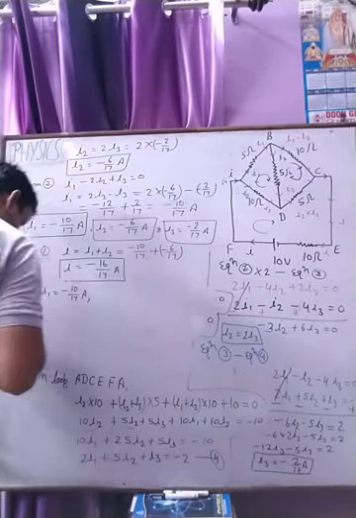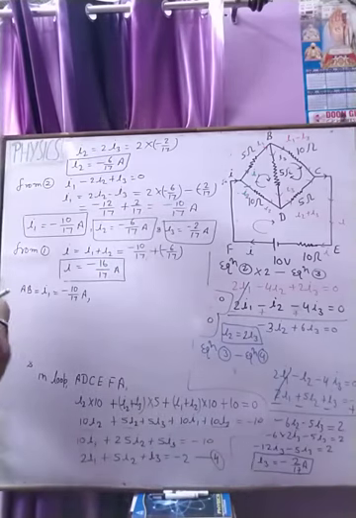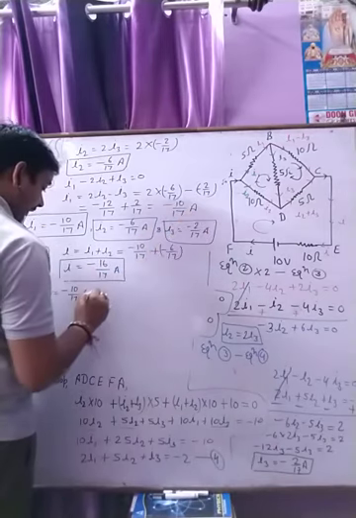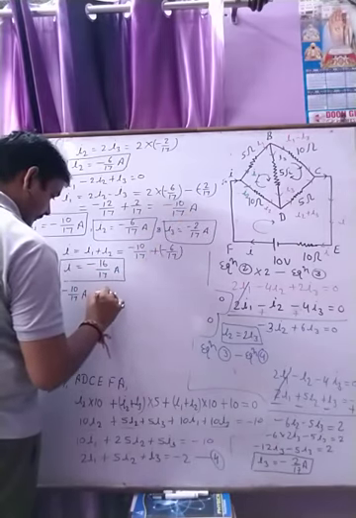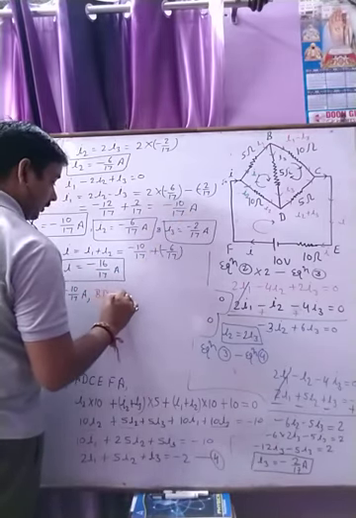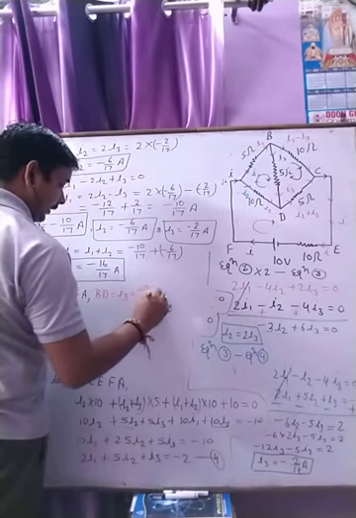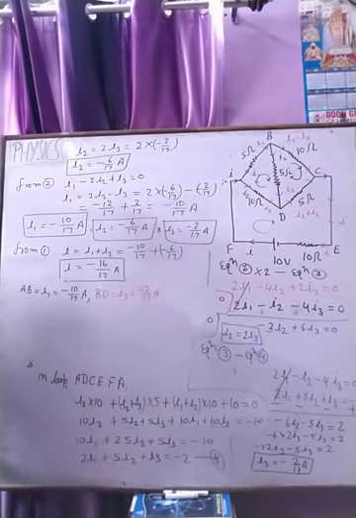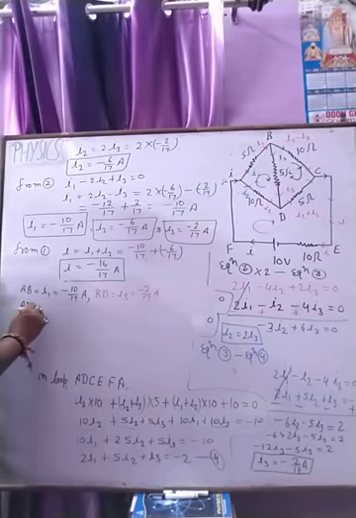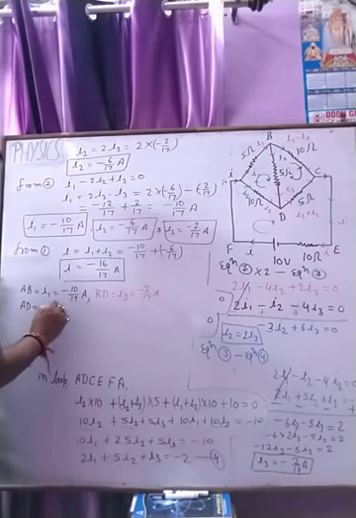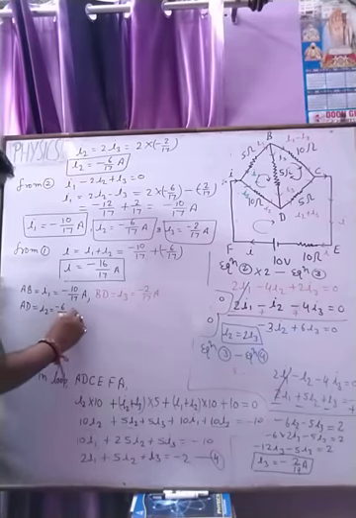Second, in branch BD it is equal to I3, which is minus 2 by 17 ampere. Next, in branch AD current is I2, which is minus 6 by 17 ampere.